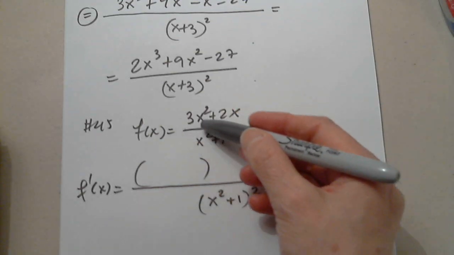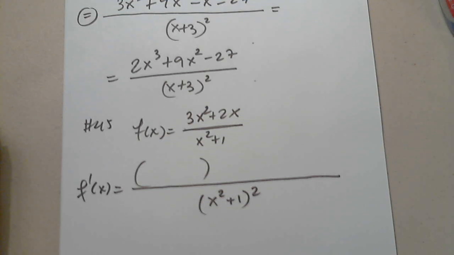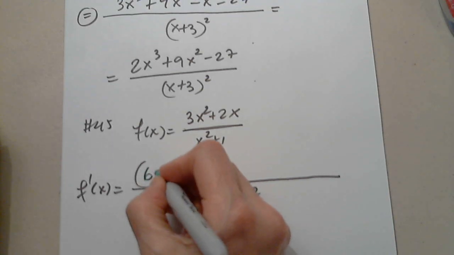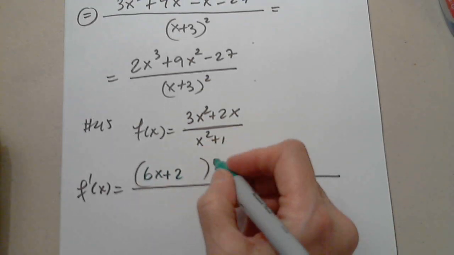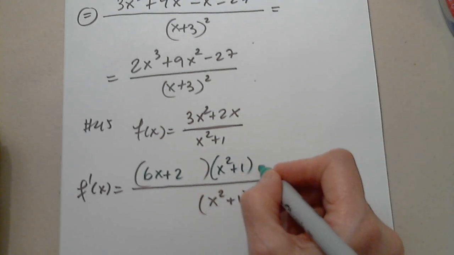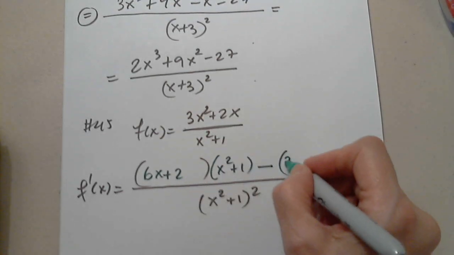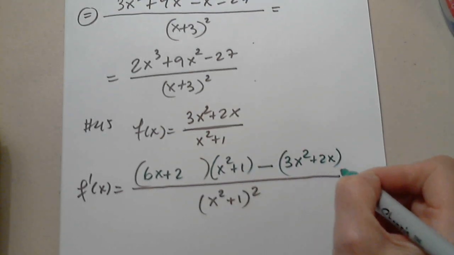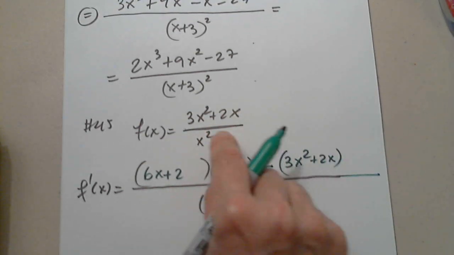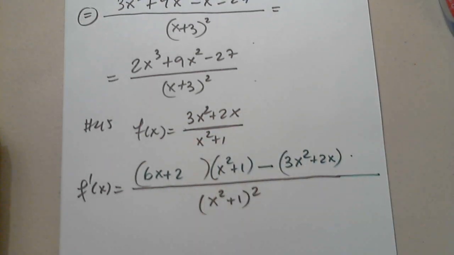Can anyone help with the derivative of 3x squared plus 2x, please? 6x plus 2. Excellent. We multiply by the denominator. We write minus. We copy the top. We multiply by the denominator prime, and I put it here.